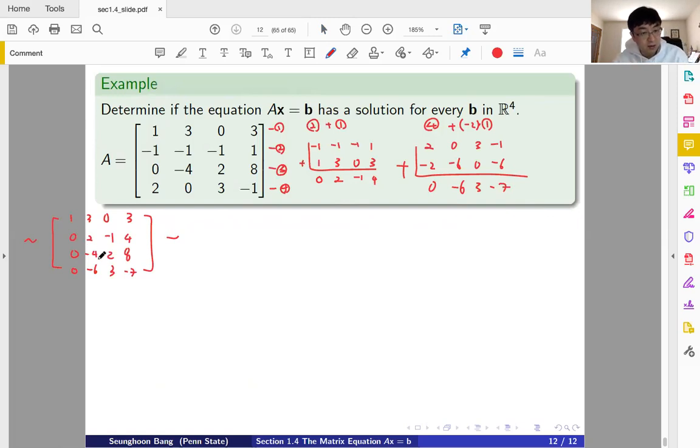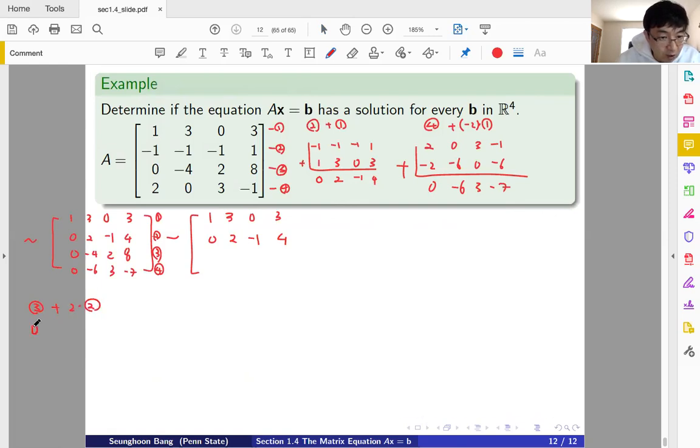The next step: you have to eliminate the -4 and the -6. How can you do that? You can use a similar method. You have to keep the first row, 1, 3, 0, 3. You keep the second row, 0, 2, -1, 4. How can you do the third row? Third row plus 2 times the second row.